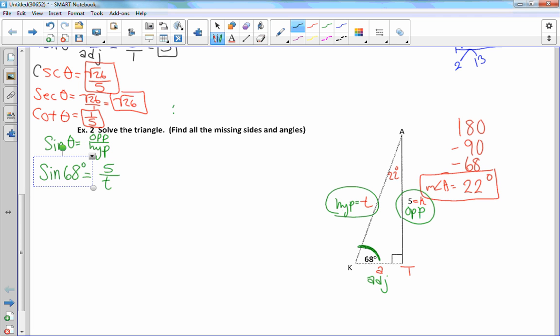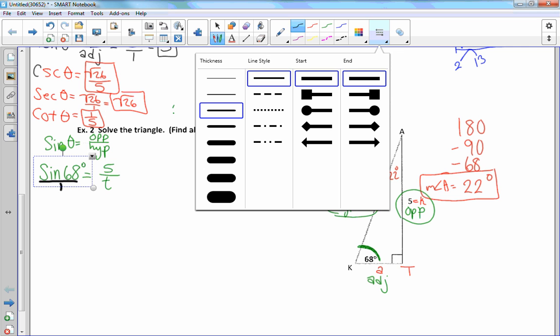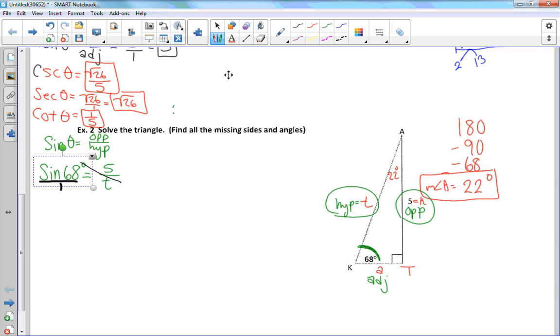If I put that over 1 and this over 1, so they're both fractions, then I just do a cross product. So take the denominator and that numerator. T needs to go in front now, okay? Make sure T is in front times sine 68 degrees equals 5 times 1, which is just 5.